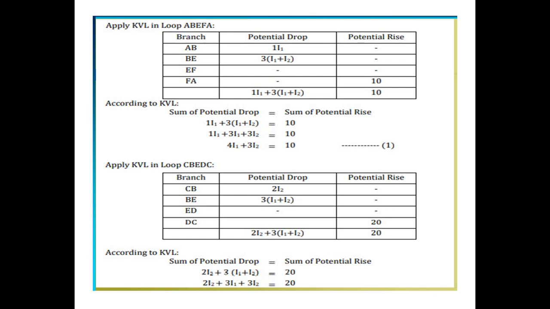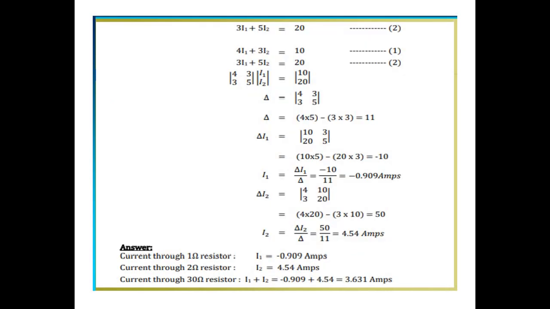Here 2 I2 plus 3 I1 plus 3 I2 is equal to 20, so 3 I1 plus 5 I2 is equal to 20. Matrix formation of equations 1 and 2: [4 3; 3 5] times [I1; I2] is equal to [10; 20].